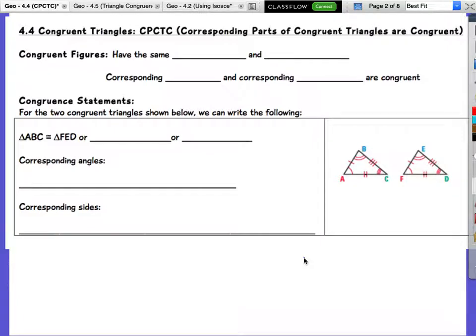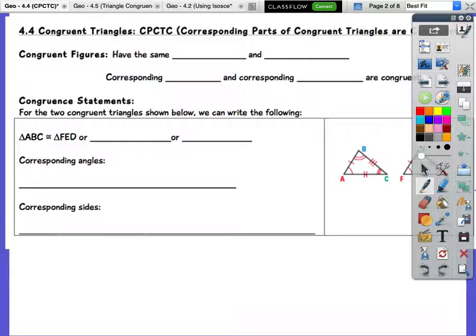Okay, voices off, please. Congruent figures. We know about congruent sides, congruent angles, those different things, so we have congruent figures as well. We're going to define that as having the same size and shape, and that corresponding sides and corresponding angles are congruent.